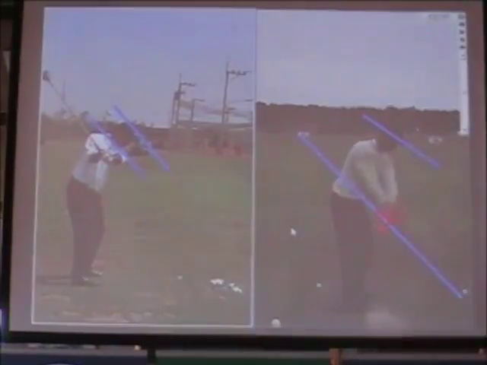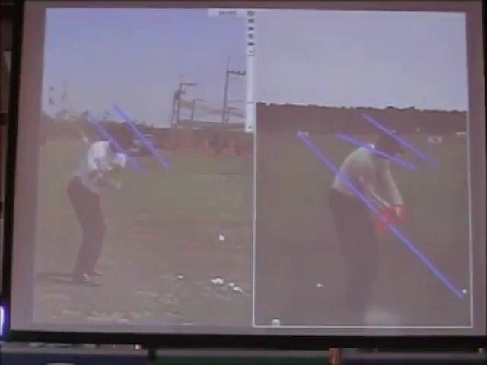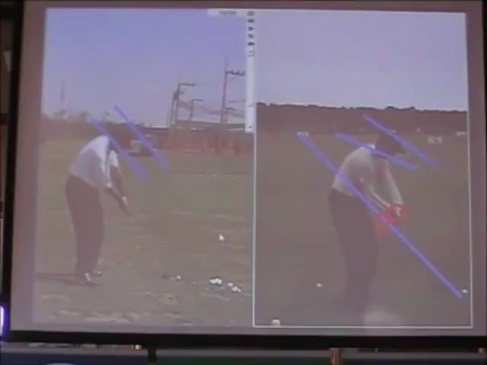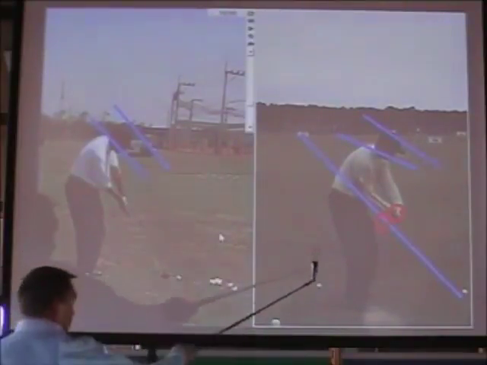Look at his shoulder plane. And his arms went out. And his arms stayed in. Okay. Again, this is 2000, perfect plane. He went too much the other way.